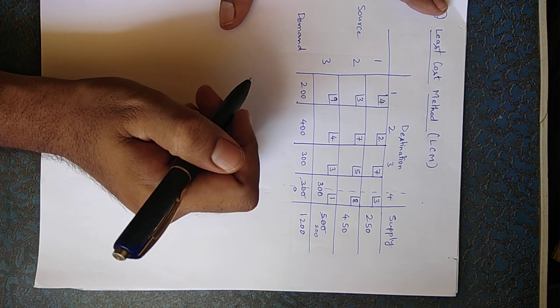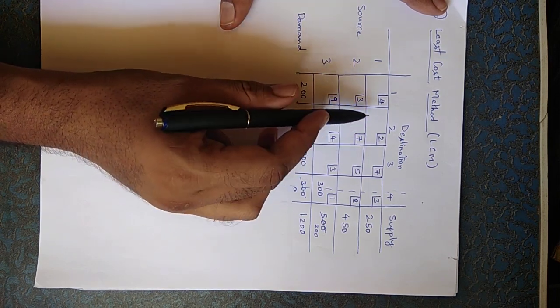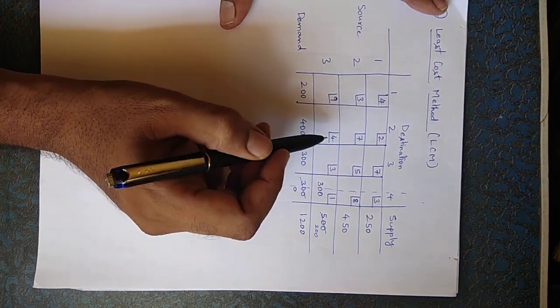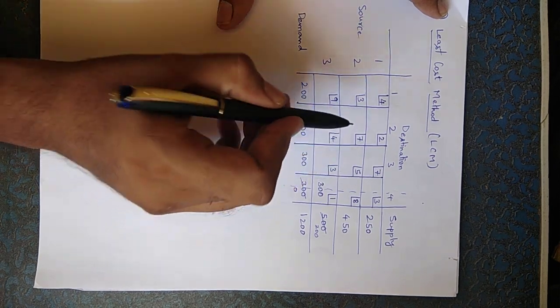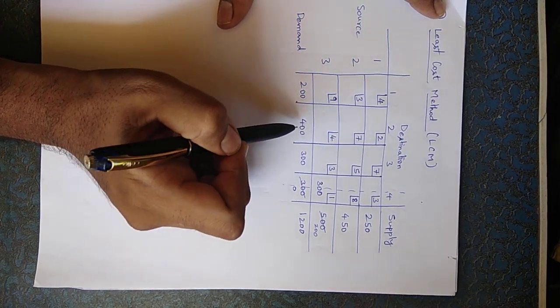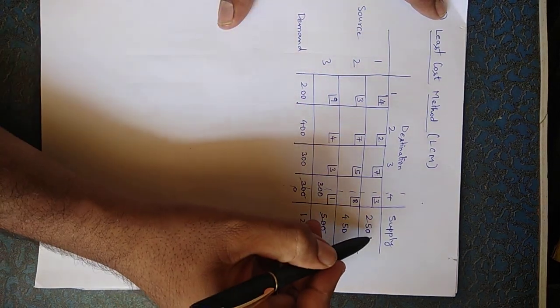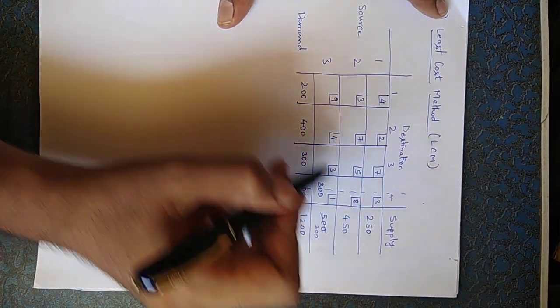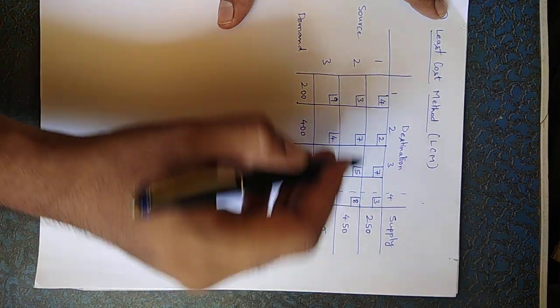Now let us see which is the least cost among the remaining cells. This is 2, which is the least cost. So we will again take the respective row total and the column total, which is the least. 250 is least.